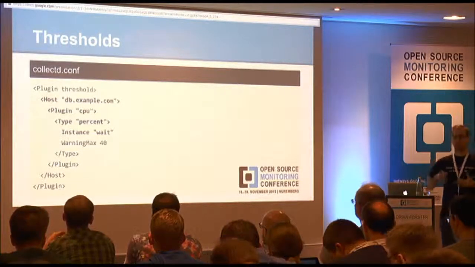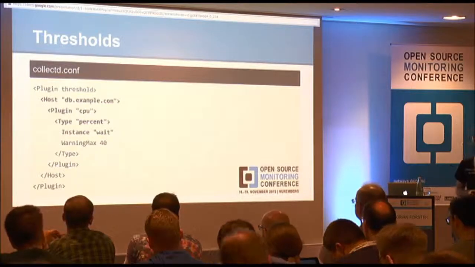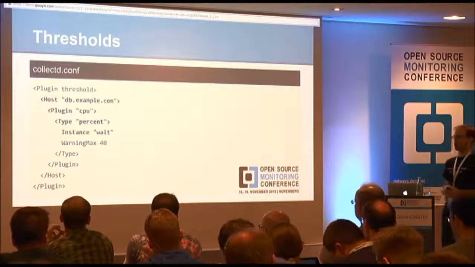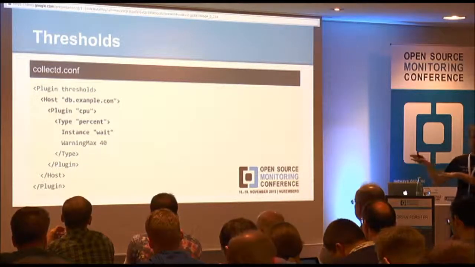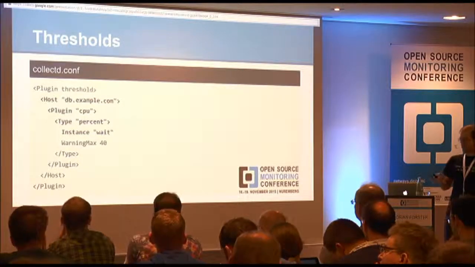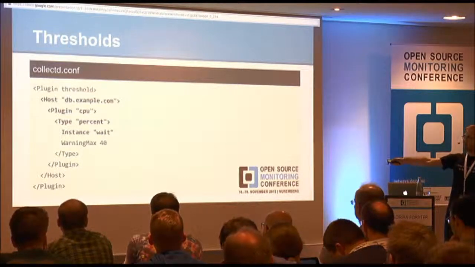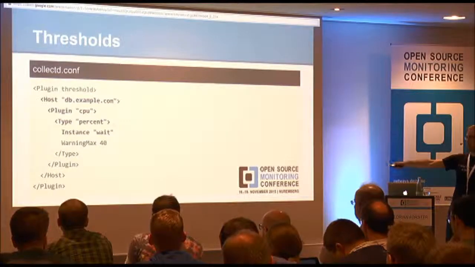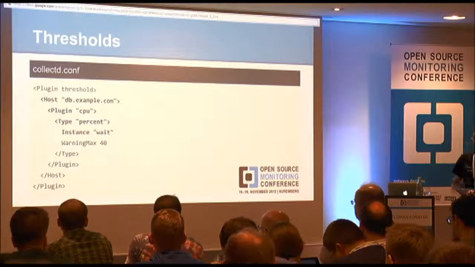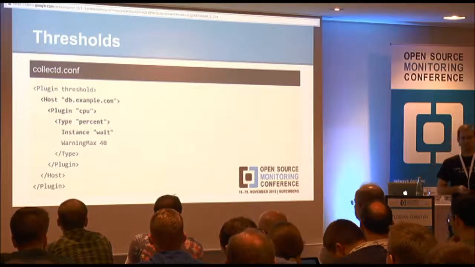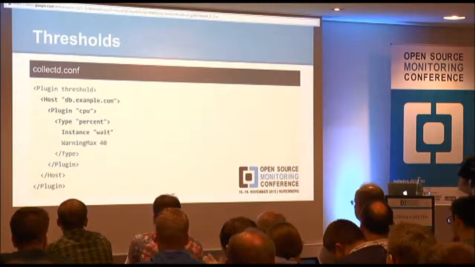If that would exceed 40% in this case, then also a warning would be generated. But that's just to show how you can select by host, how you can select by a plugin, and then this is the type instance of the I/O weight metric that the CPU plugin produces.